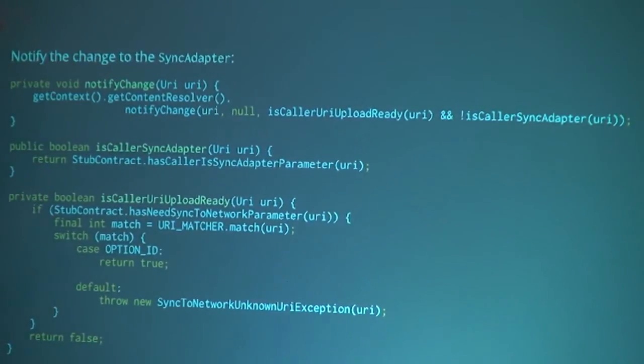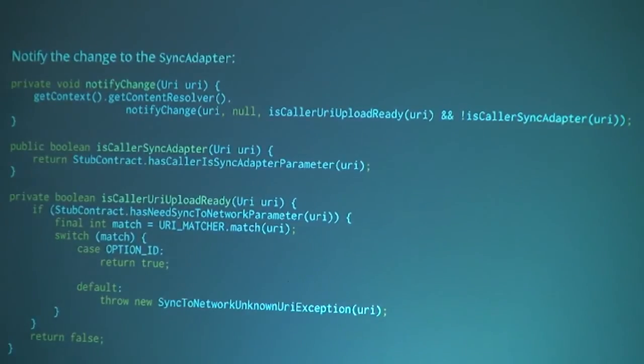And we need to be sure that the SyncAdapter is not the caller of this request, because the SyncAdapter can call the deletion of an item, and then it will trigger a notification that the deletion has happened, and it will re-trigger the sync later, and it can lead to some bad calls.